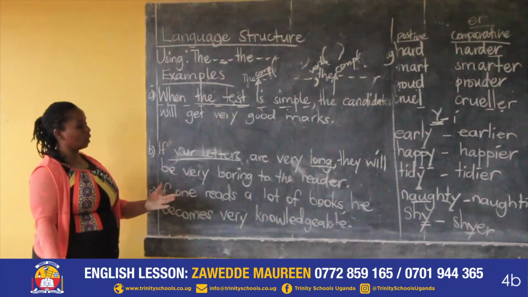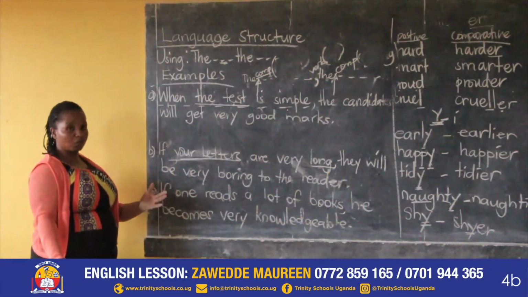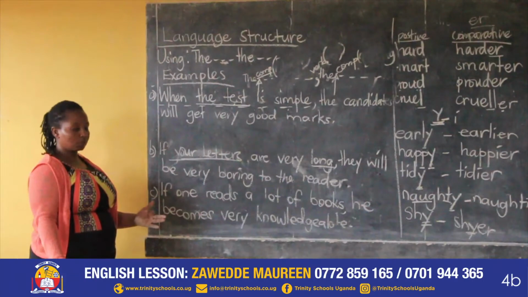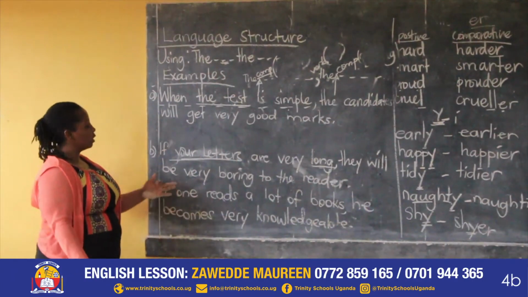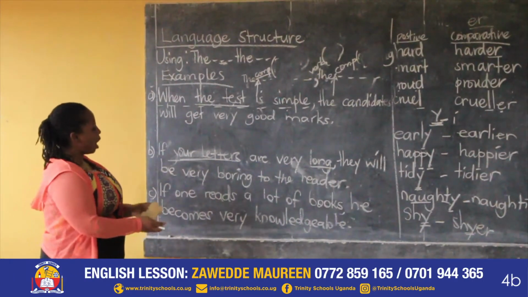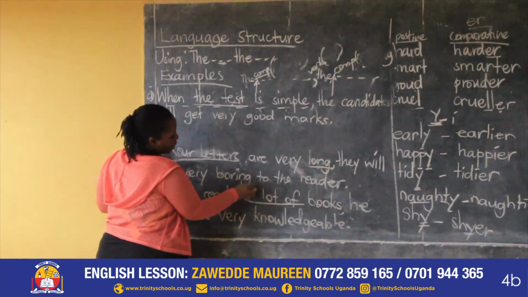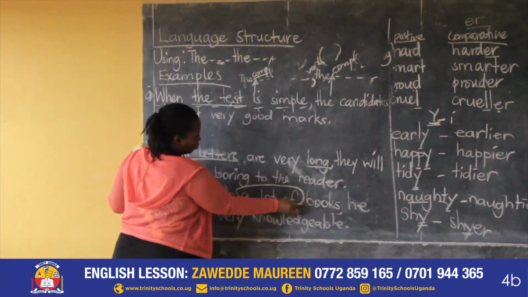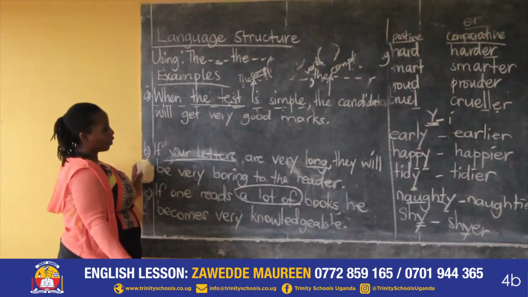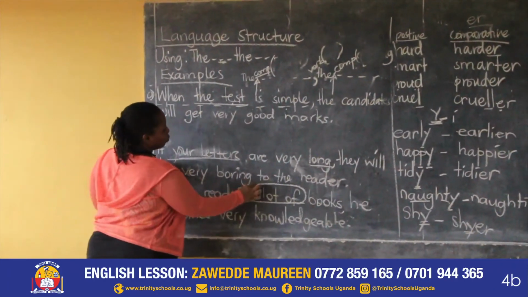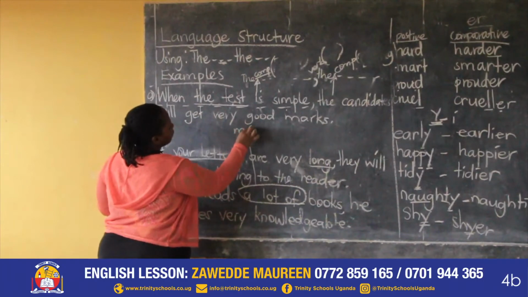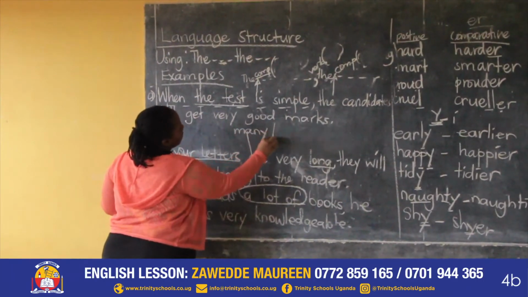If one reads a lot of books, he becomes very knowledgeable. Our adjective here is a lot of. Whenever you find it, children or candidates, your mind should go to the words many or much.